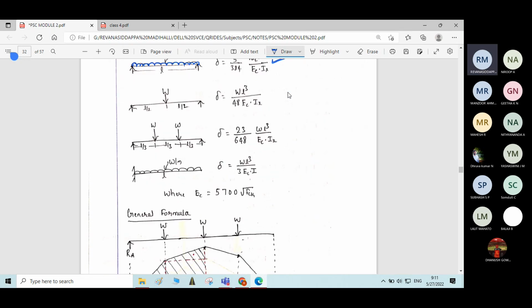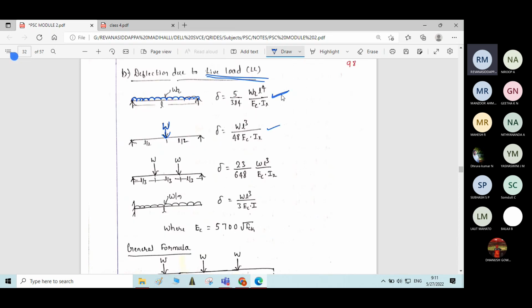If the live load given is a point load which is acting at the center of the span, then we will utilize the formula W Lq^3 by 48 Ec Ix. Using this formula, we will find deflection due to live load, that is, deflection due to point load acting at the center of the span.